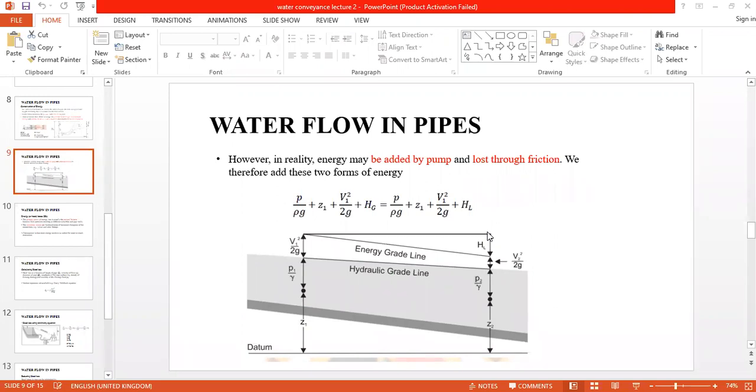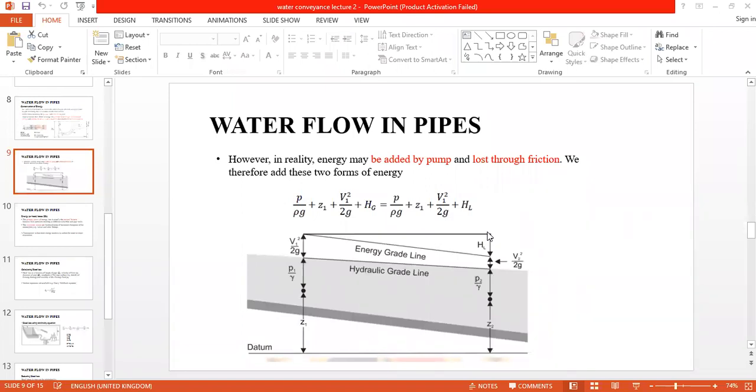If we apply less energy, that water will not reach the destination, because by the time it's reaching, for example, halfway, all the energy it had possessed from where it's coming from would have finished, and it will not be able to move to your final destination.